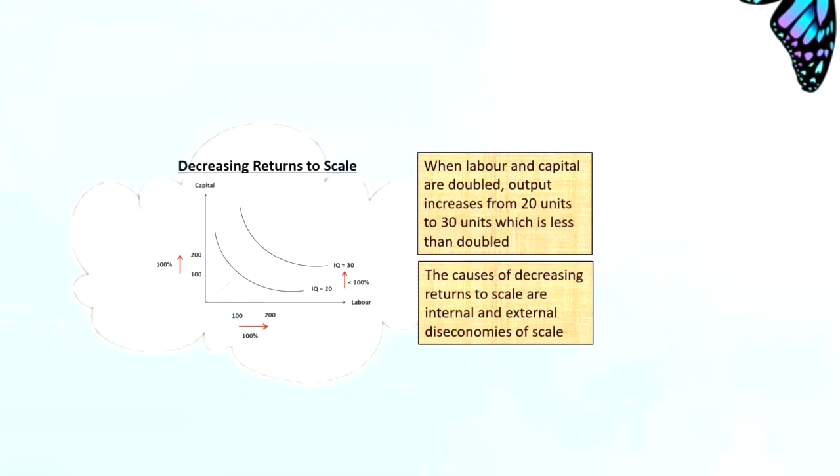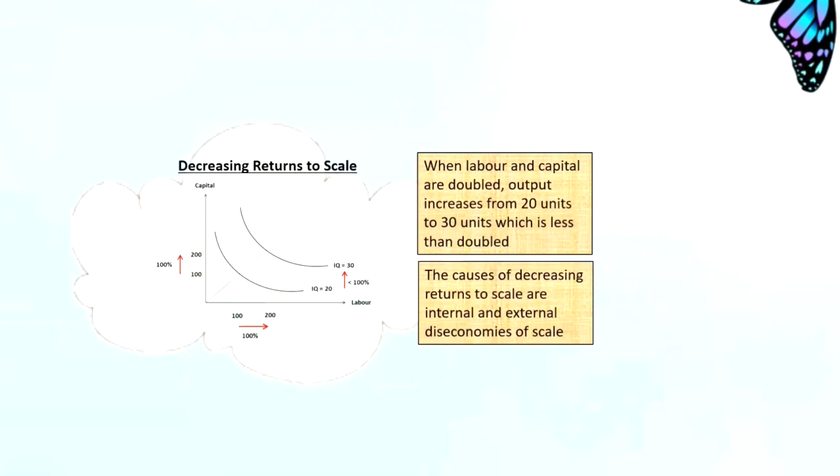Labor and capital are doubled, from 100 to 200, both still increasing by 100%. However, output increases from 20 units to 30 units, which is less than double. The causes of decreasing returns to scale are internal and external diseconomies of scale, which we're going to talk about later.